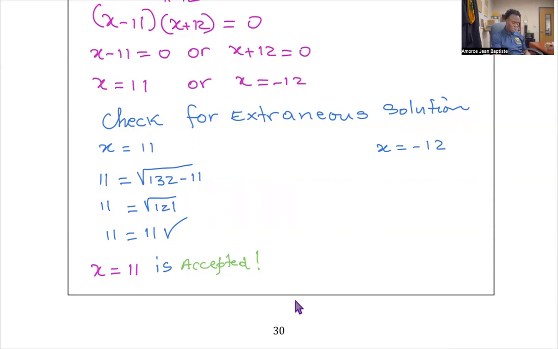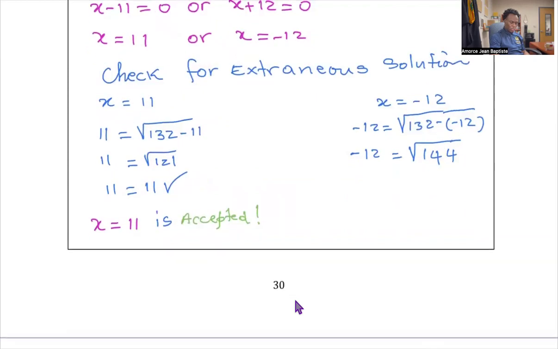Now we're going to try x equals negative 12. For x equals negative 12, you have negative 12 equals the square root of 132 minus negative 12. So negative 12 equals the square root of 132 plus 12, that's 144. And negative 12 equals the square root of 144, which is 12.